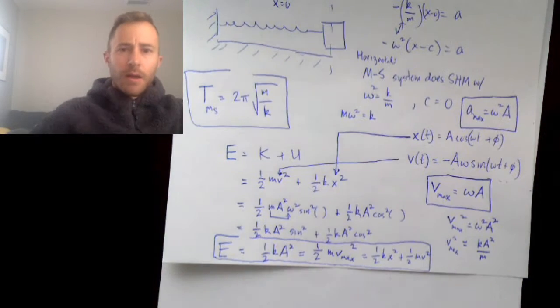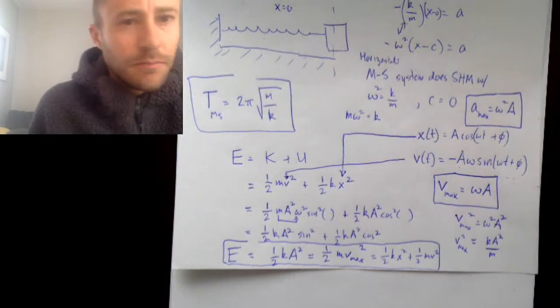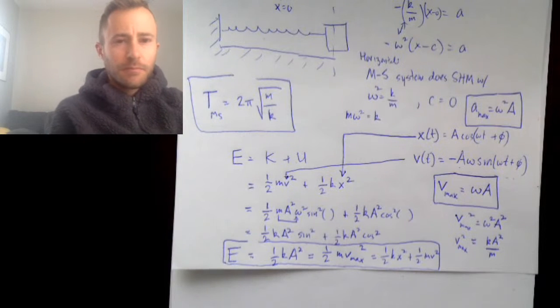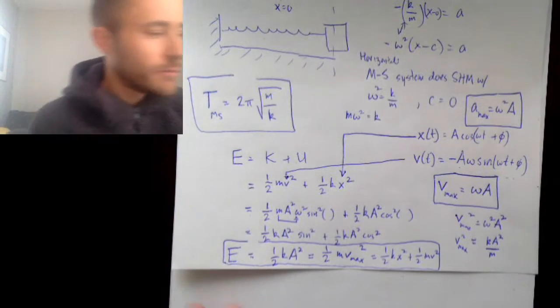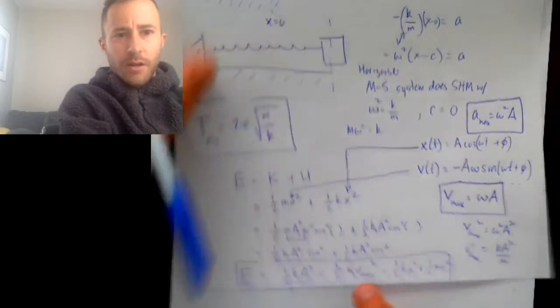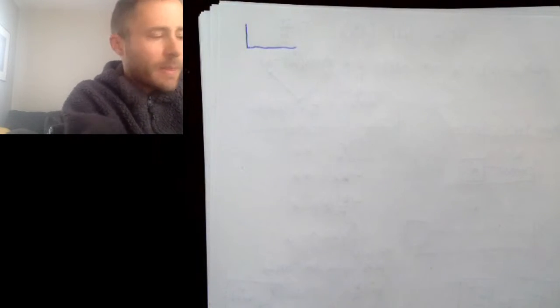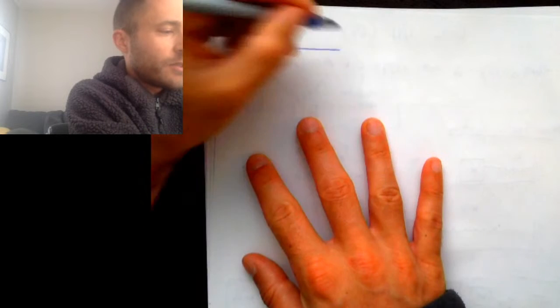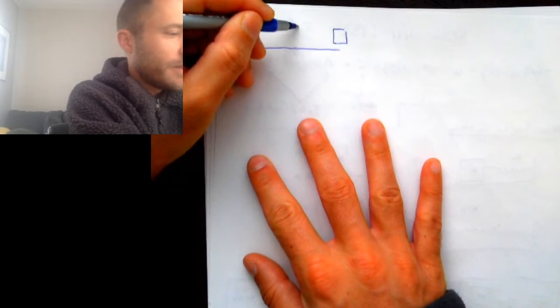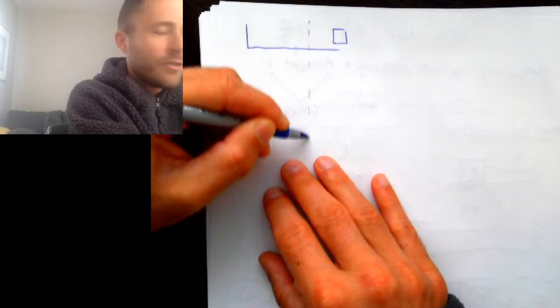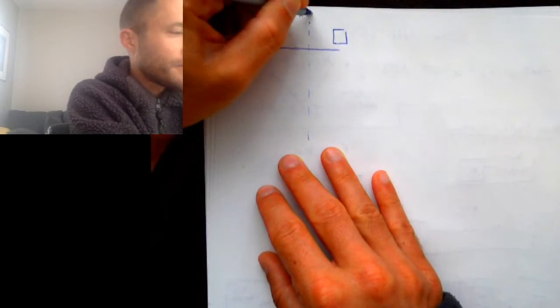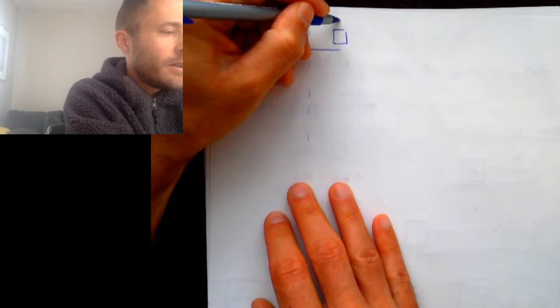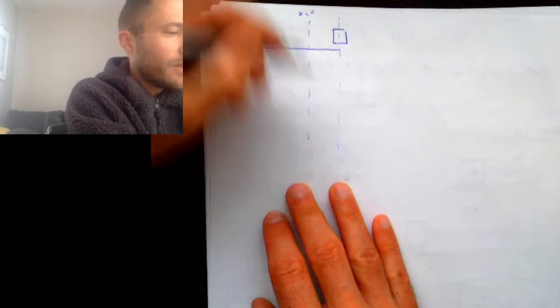All right. So let me do a drawing here, and then we'll do an example. If we think about a mass spring system undergoing some motion, let's suppose that the mass starts out here. Here's x equals 0. Here is x equals a.